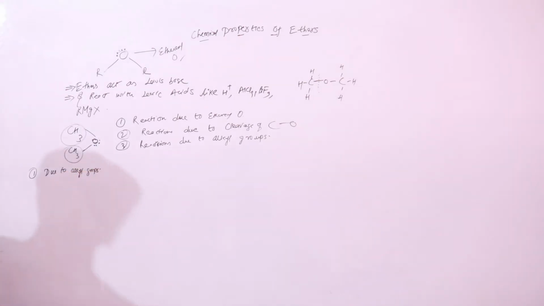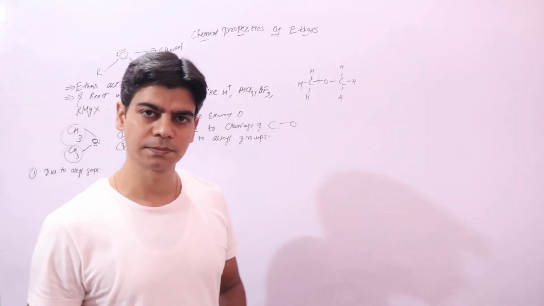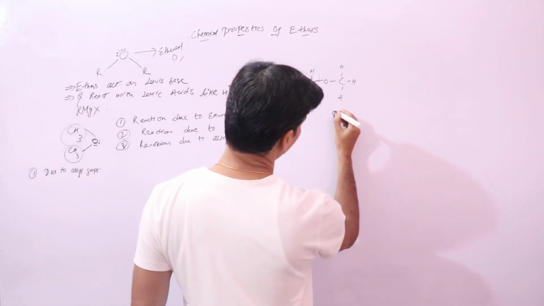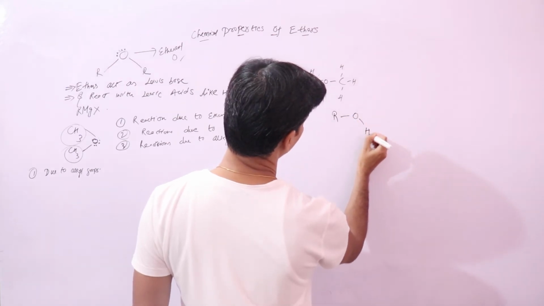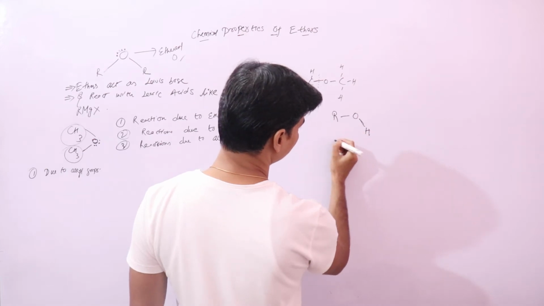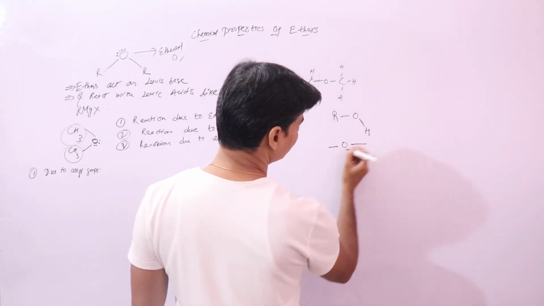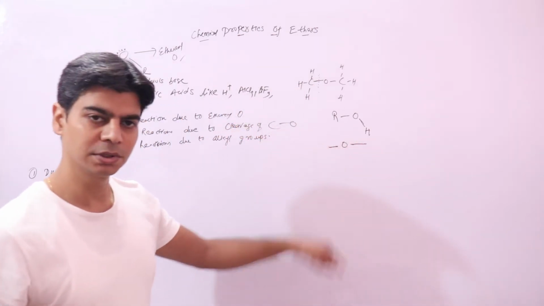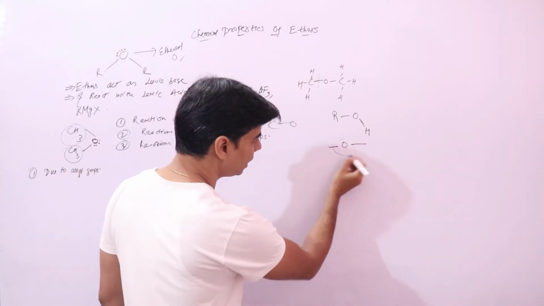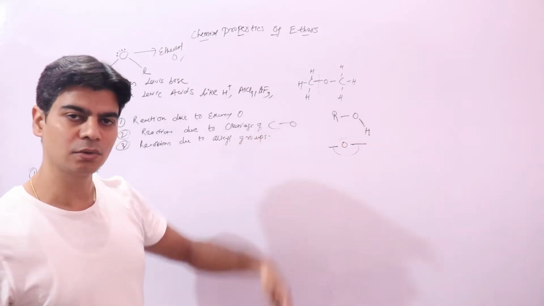And one important thing is, if you want to compare its reactivity with that of alcohols, this is how an alcohol looks like. Now this is the OH group, and this is your ethereal group. This ethereal group is less reactive compared to OH in alcohols.